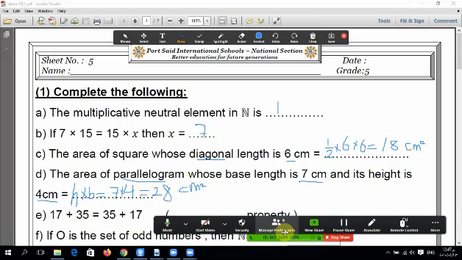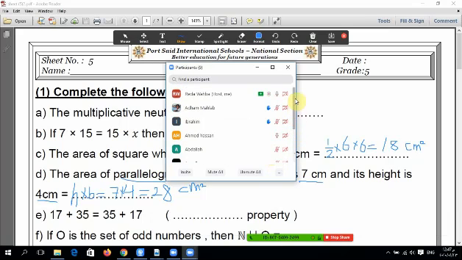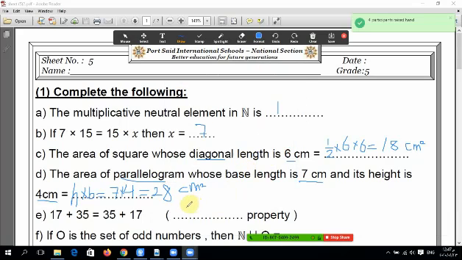17 plus 35 equals 35 plus 17. Which property is it?